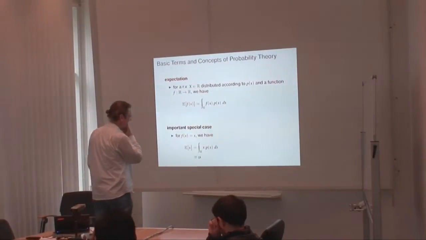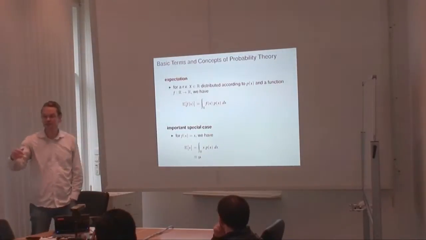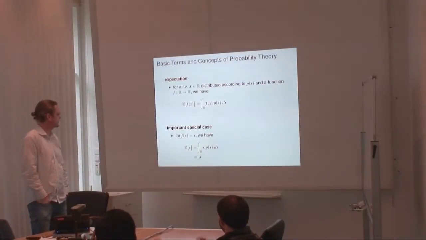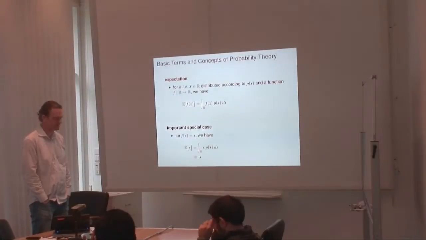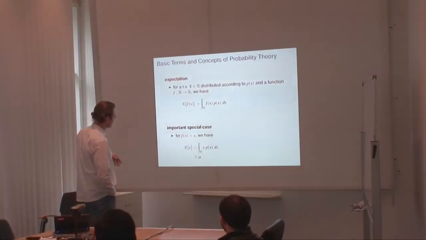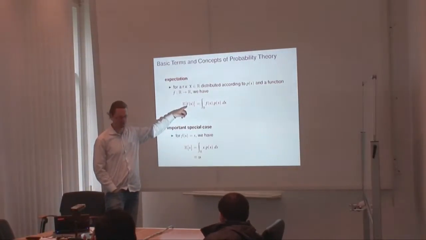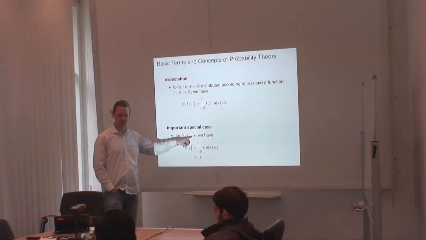One of the special cases we can look at if we consider this concept of expectation is the expectation of the random variable itself, which is to say the function f in this definition is the identity function.